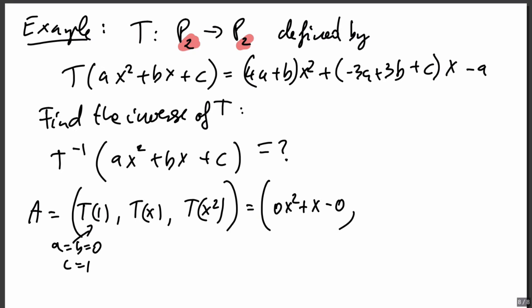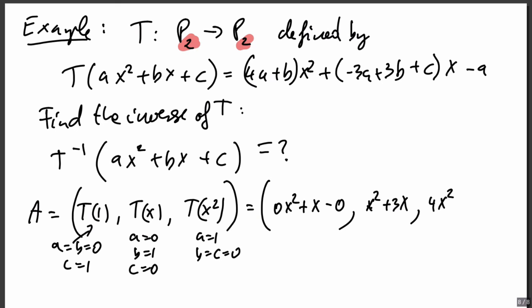Then for T of x, this is a equals 0, b equals 1, c equals 0. So this will be x squared plus 3x. And for x squared, we have a equals 1, b equals c equals 0.